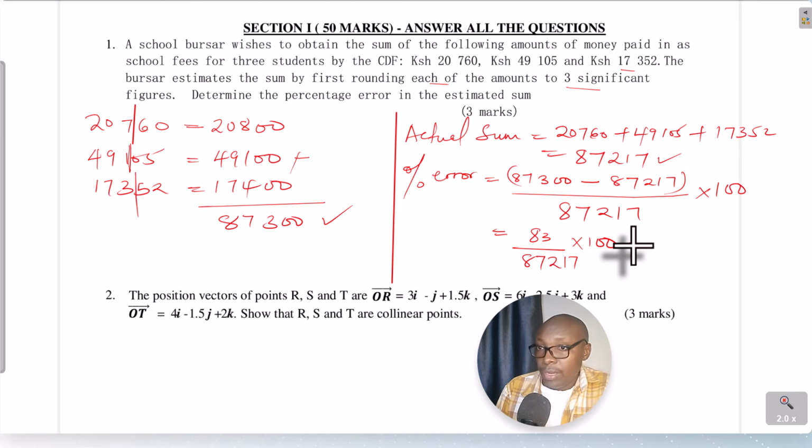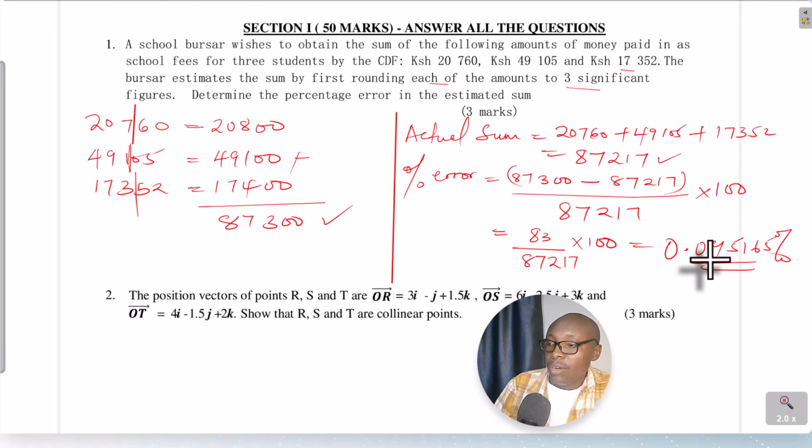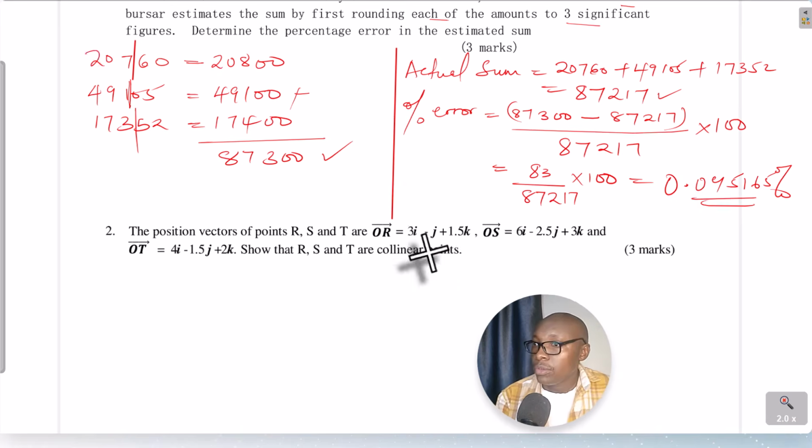You divide this one by 87,217, and then we multiply by 100. So this one gives an error of 0.0952%. So that is how you're supposed to solve that question. We go to the next question, question 2.